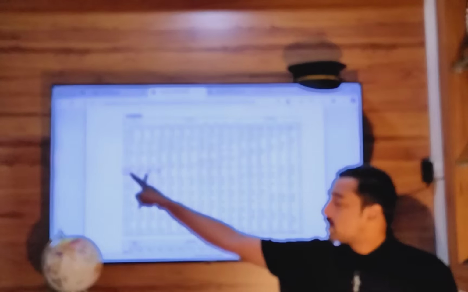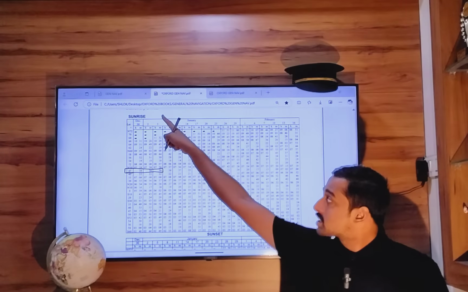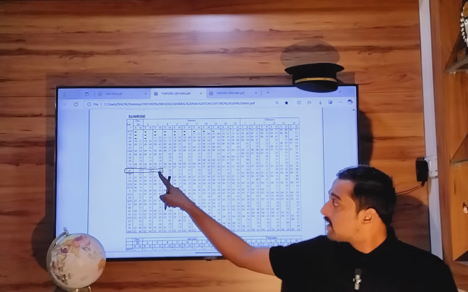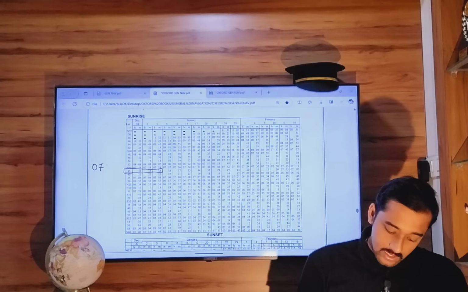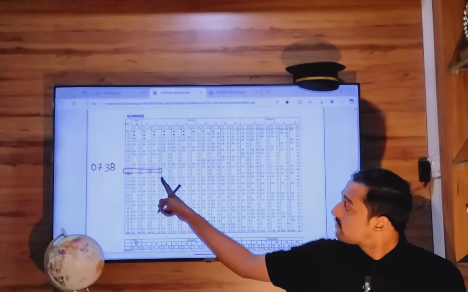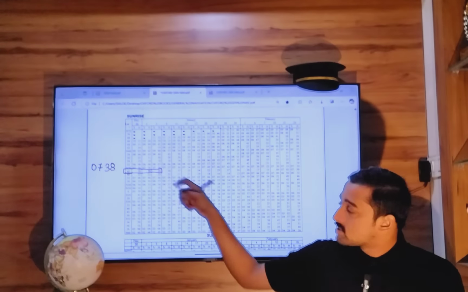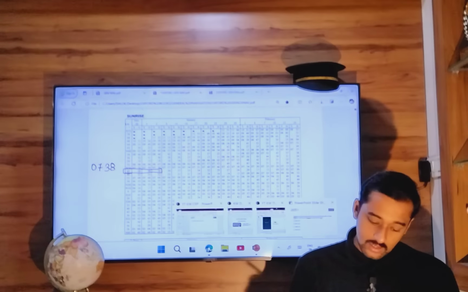So at 45° north latitude, sunrise time on 5th of Jan is 0738. Okay, so let's write it here. LMT time is 0738.